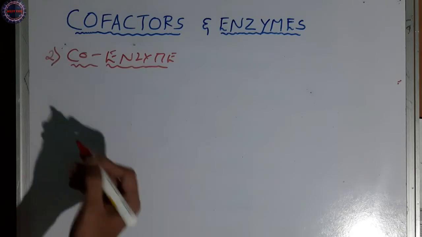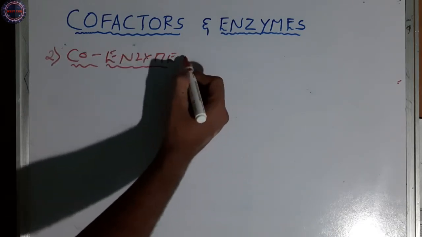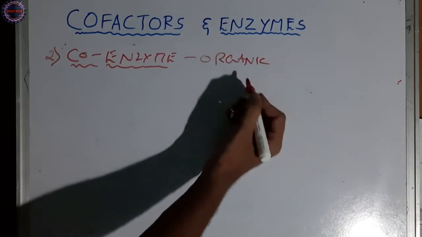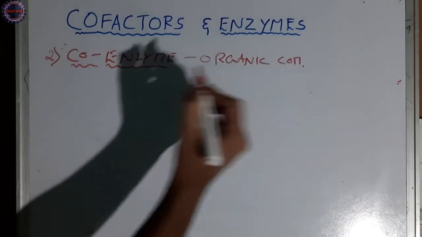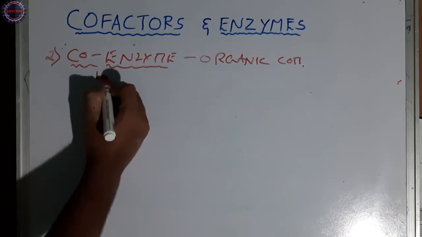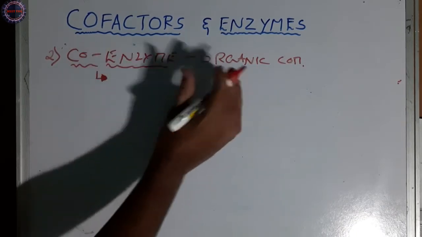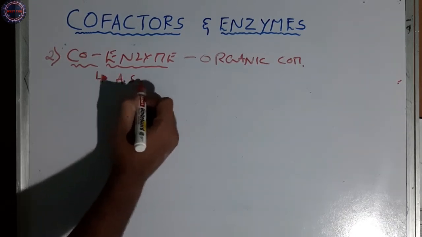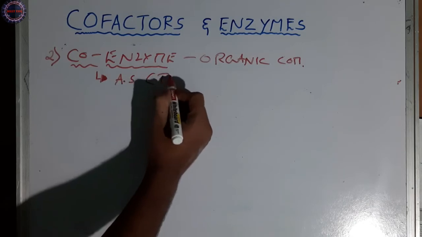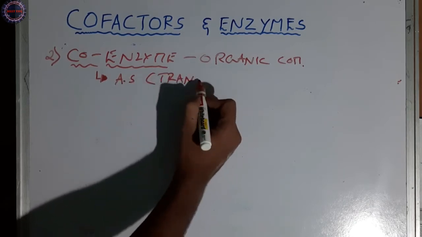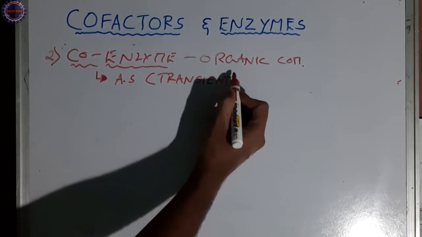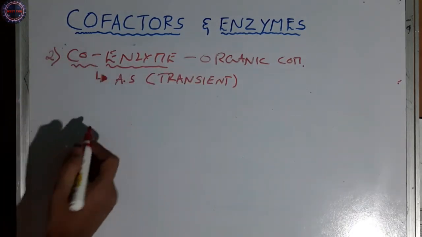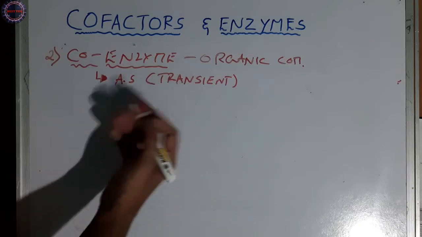This coenzyme is also an organic compound, similar to your prosthetic group. But there is one small thing to say. The coenzyme will bind to the active site of the enzyme, but only for a short duration, that is transient. Got it? The organic compound binds to the active site of the enzyme, but only for a short time. That's it, transient. Got it?